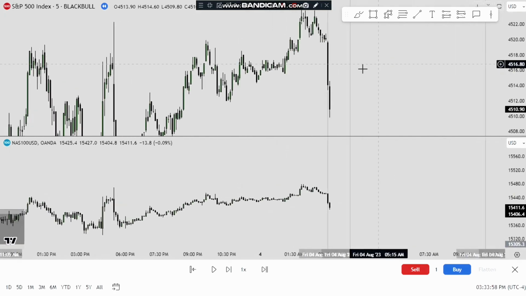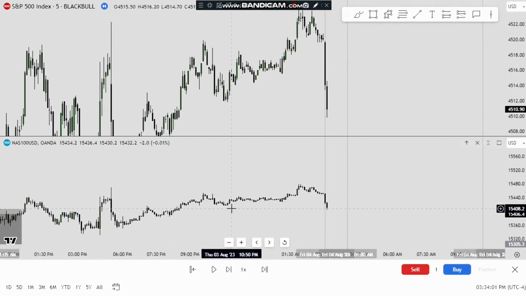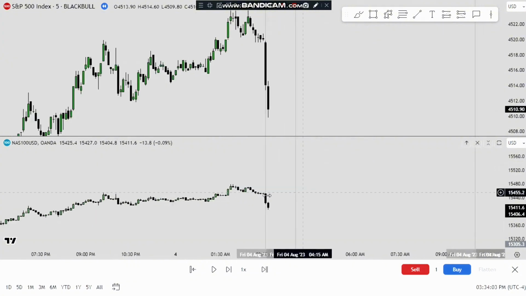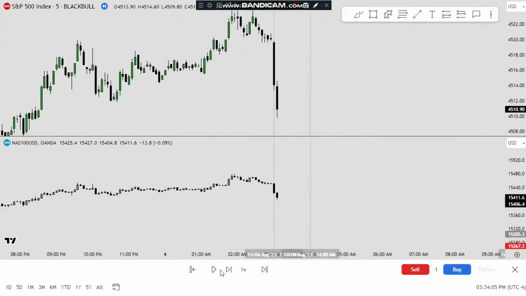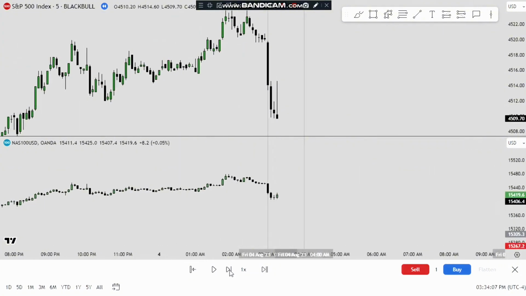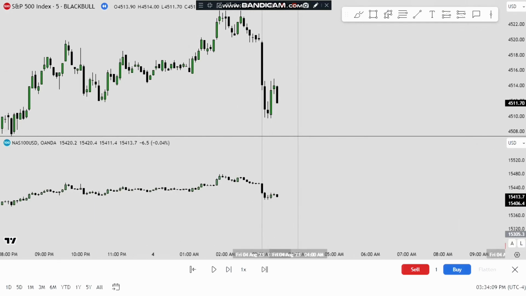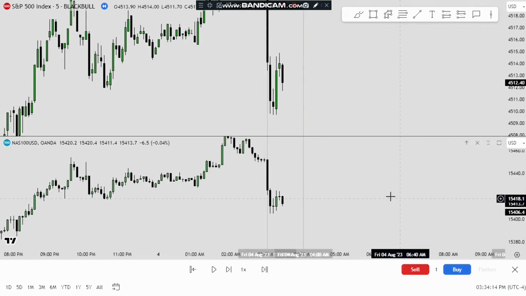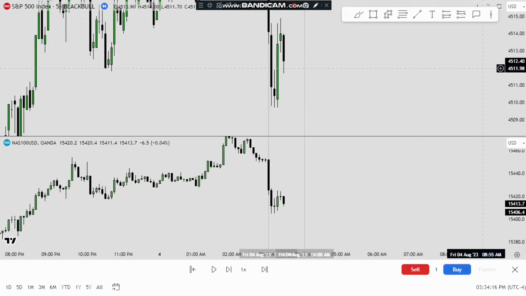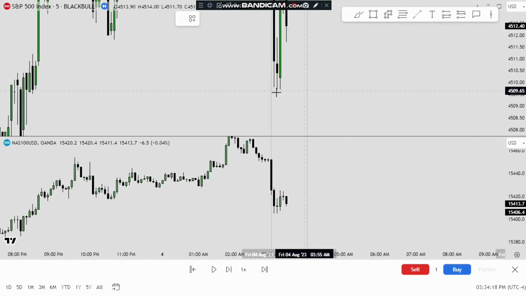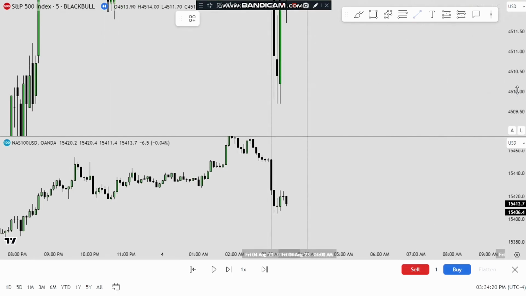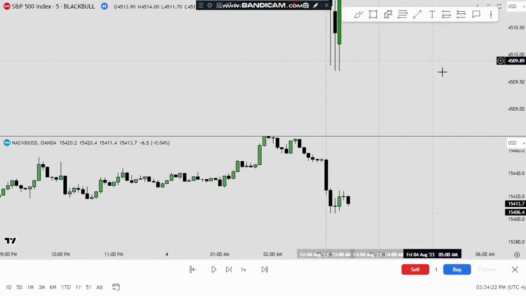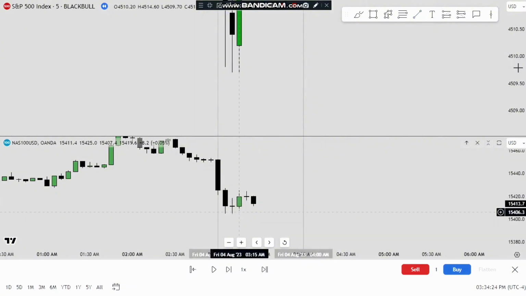Okay, so all these lows are swept, so still no divergence. Now you can see that, let me check it, if this candle went below the previous one.